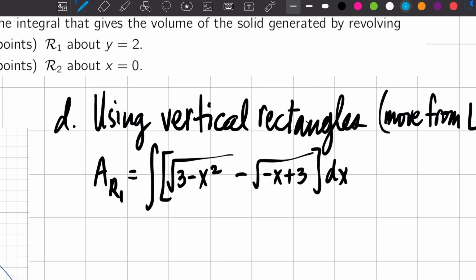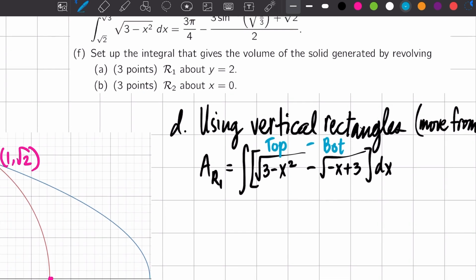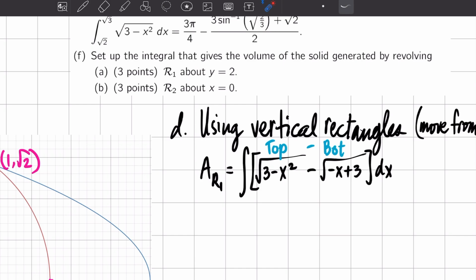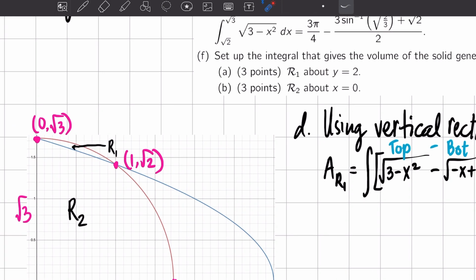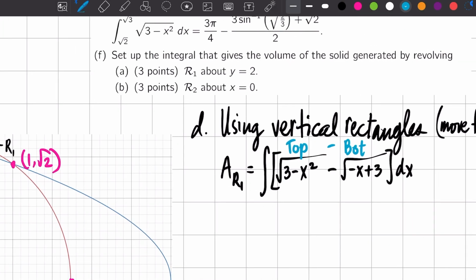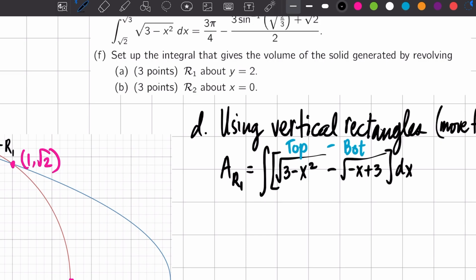Again, this is the top curve minus the bottom curve. And for the bounds, we are considering values of x, so we are moving from x equals 0 until we reach x equals 1. So we have here from 0 to 1.